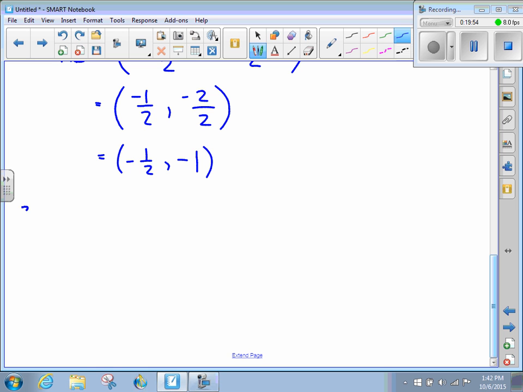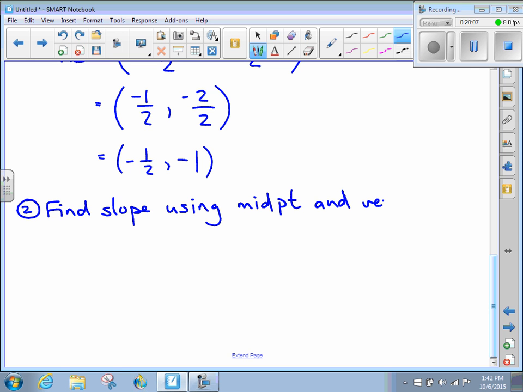Okay. Second step, find slope. So we're going to use vertex C and the midpoint. I'm just going to write them down because I forget what I'm going to do. C is 5, 2.